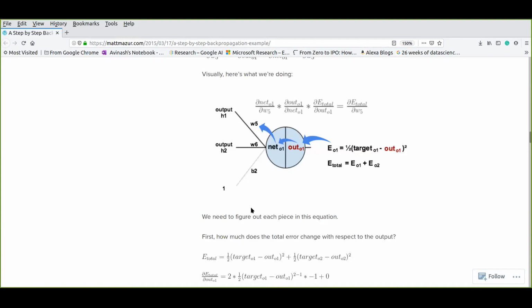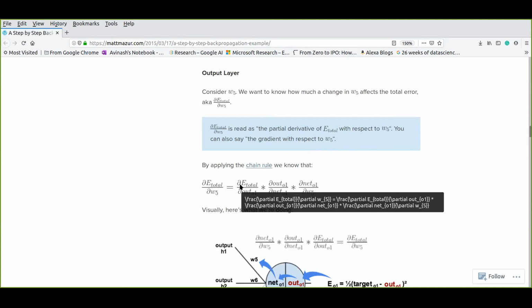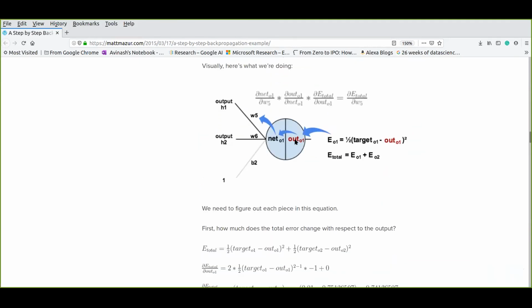Putting all of these things together, the partial derivative of E total with respect to W5 is equal to the partial derivative of E total with respect to output O1, times the partial derivative of output O1 with respect to net O1, times the partial derivative of net O1 with respect to W5.